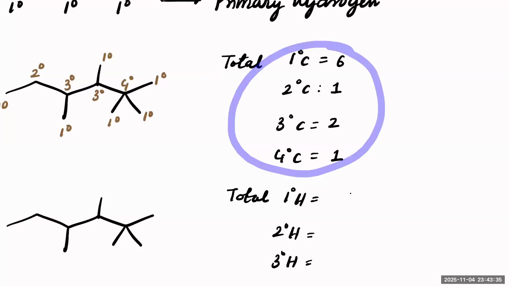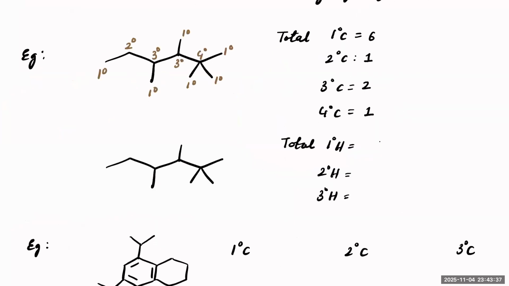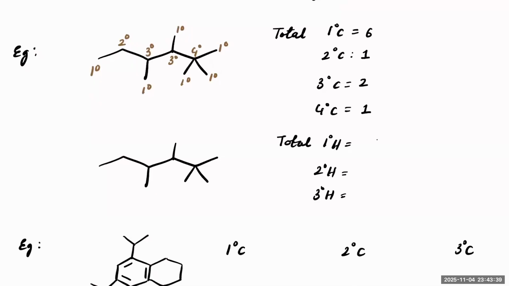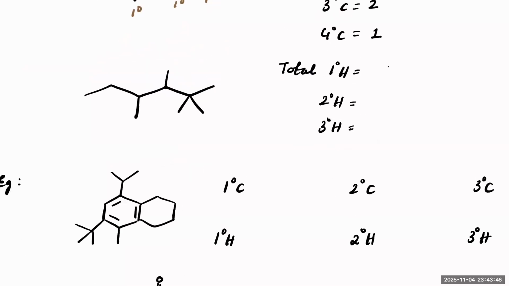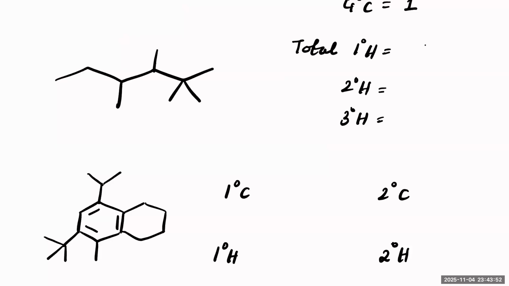On the same lines, I want you to just take a minute and try out how many 1 degree hydrogens, 2 degree hydrogens, and 3 degree hydrogens are present. Okay, so you can pause it and do it once and then check it out. Here it is 1 degree, 1 degree, 1 degree, 1 degree, 1 degree, and 1 degree. So total these many number of carbons we have, and each carbon will take three hydrogens on it.